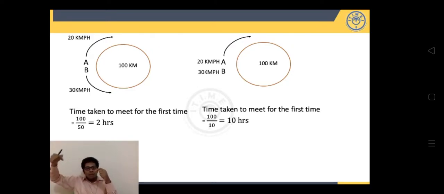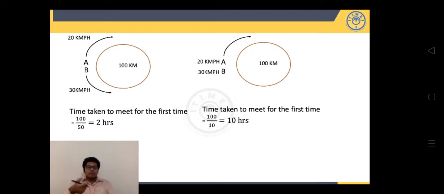Now for B to catch A, B should travel one extra circle than A. Wherever they are meeting, when A has covered some number of circles, B would have traveled one extra circle. So when B catches A, at whatever point, B has traveled one more circle than A. So B should travel 100 kilometers more than A. Now at what speed?